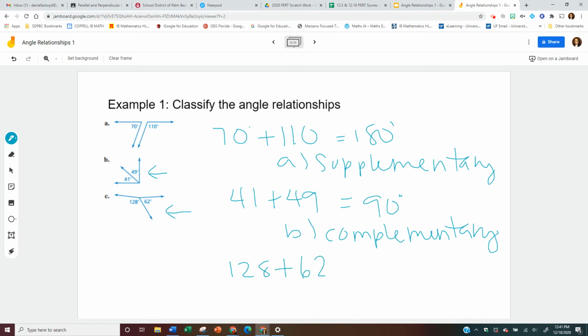Okay, 128 plus 62 is actually equal to 190. 190 is not the same as 180. It is not the same as 90. And it's not a linear pair, right? It's not making a line. No line, so this is neither, because it is not 180 or 90 degrees.